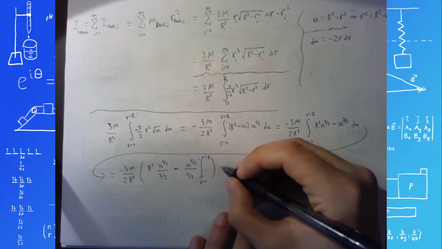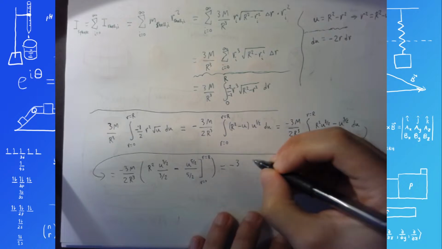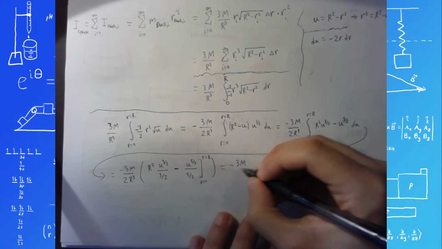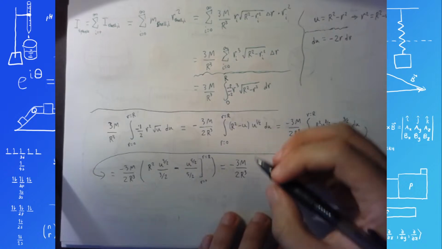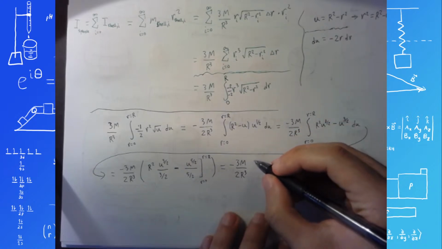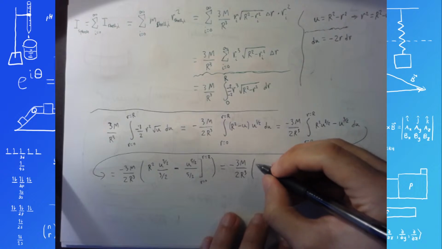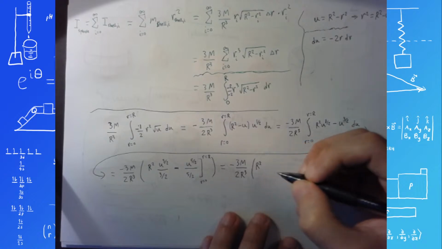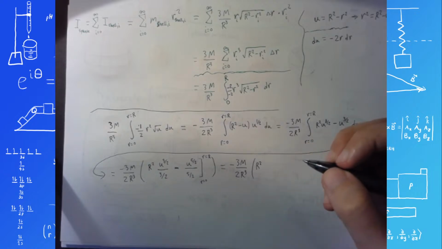It's all algebra from here, so negative 3m over 2 big R cubed times big R squared. How do I want to write this?